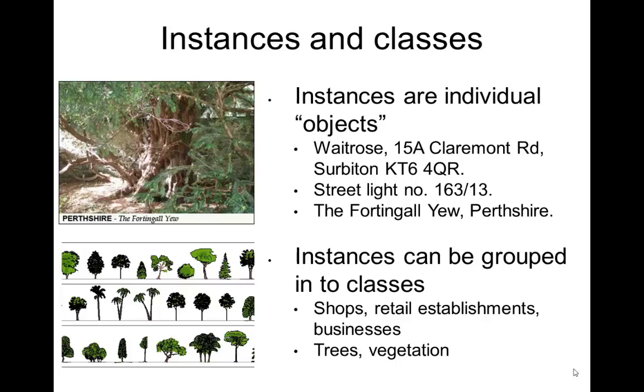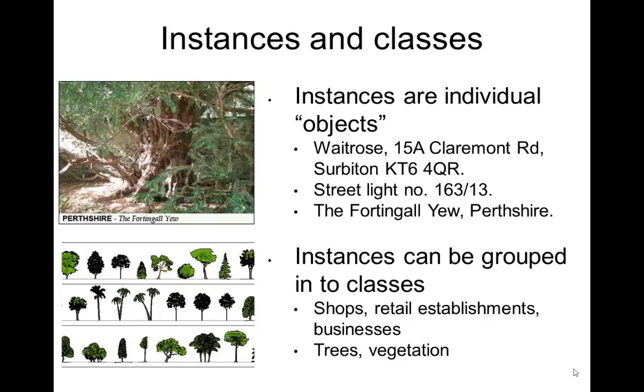And we group, as human beings, to understand the world. We group these particular instances of things into classes, into groups based on some kind of similarity. So Waitrose is a member of the class shops, but it could also be a member of the class we call retail establishments, or a member of a class we call businesses.